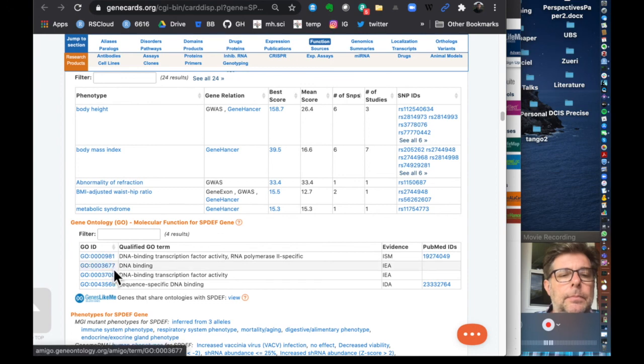And GO was really, in a way, an early example of citizen science. Okay, it was more like scientist science, because it wasn't your average citizen. But put it this way, if your whole life was spent exploring SPDEF in the lab, then GO would turn to you and say, hey, we could really use your help to label the SPDEF entry in GO with the state of the art in terms of its function.